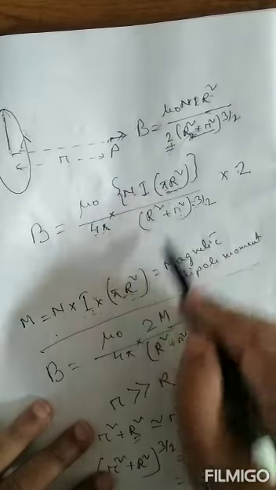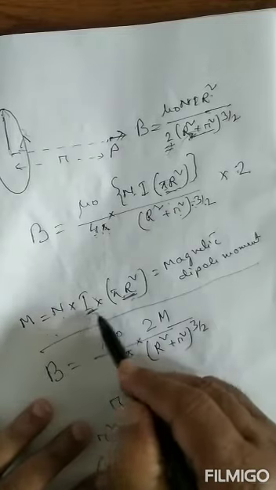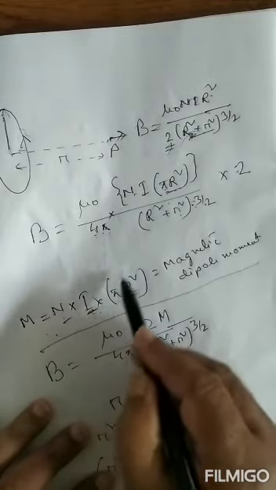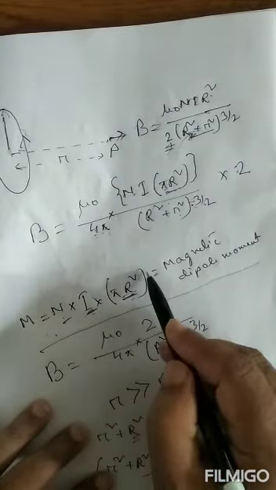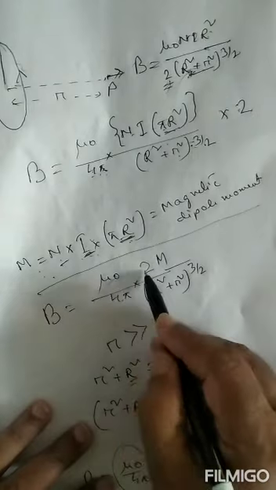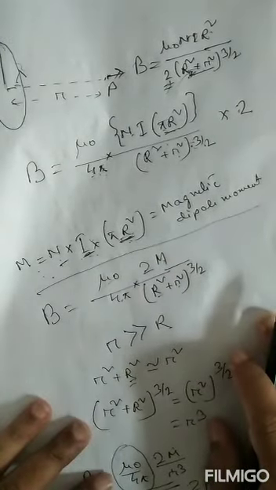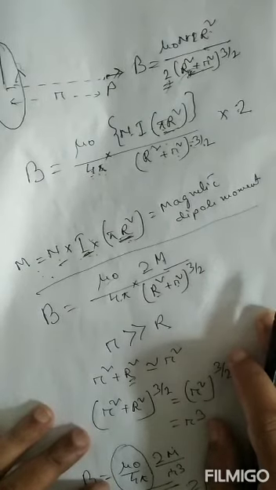But what is this? This is the area of the coil, this is the current through the coil, and this is the number of turns. Multiplying all these 3 terms, we get the magnetic dipole moment. Therefore, magnetic field intensity is mu 0 by 4 pi twice m divided by this, and m is the magnetic dipole moment.